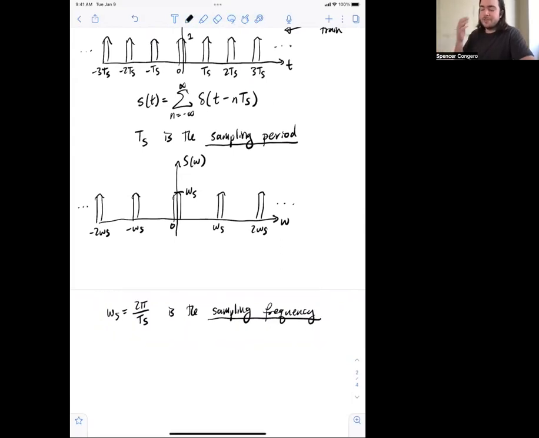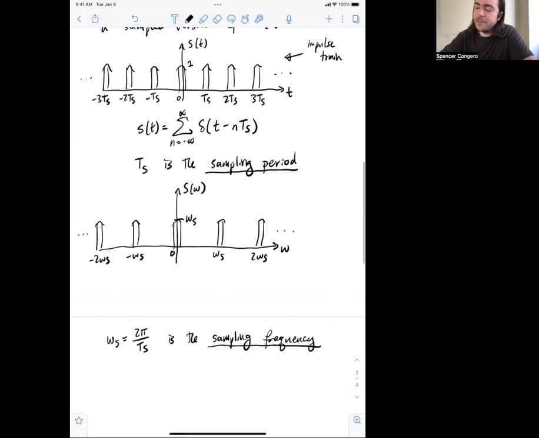So for periodic functions, we have the period and the fundamental frequency. For these impulse trains, particularly in the context of sampling, we're going to call the period of the impulse train in time the sampling period, and the fundamental frequency the sampling frequency, which is the period of the Fourier transform of our impulse train, which itself is another impulse train. So what does this look like mathematically?